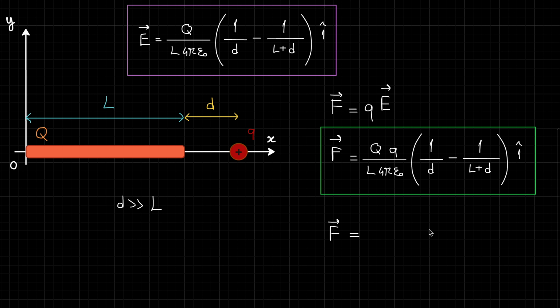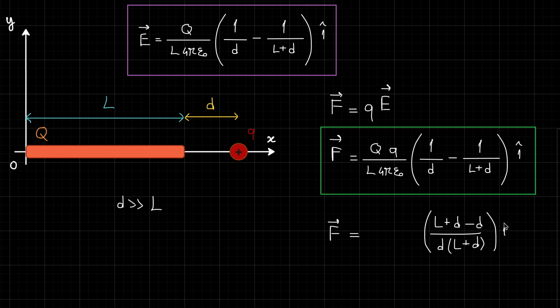I'm going to cross multiply and add the two fractions together. So if we bring these two to a common denominator, the denominator will be d times L plus d, and in the numerator we'll have L plus d minus d, like so. So this is the expression in parentheses.